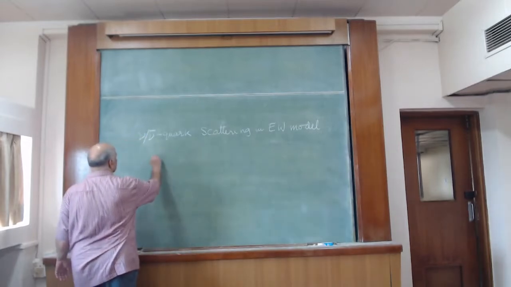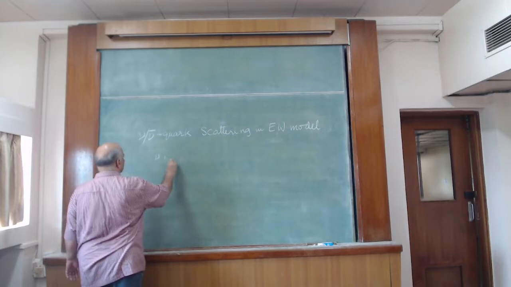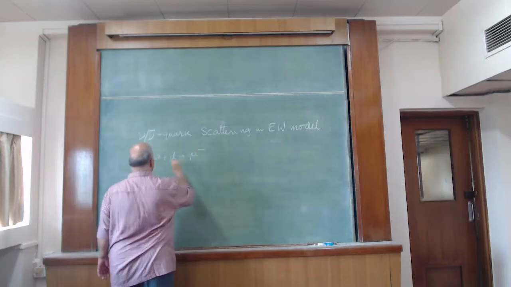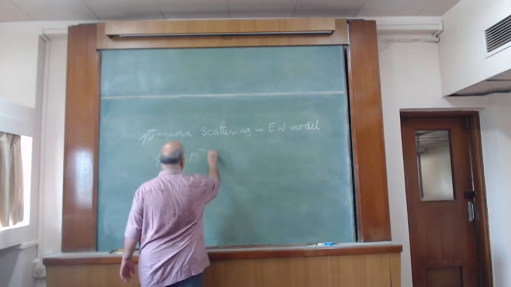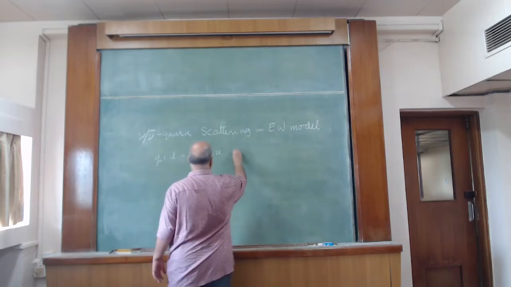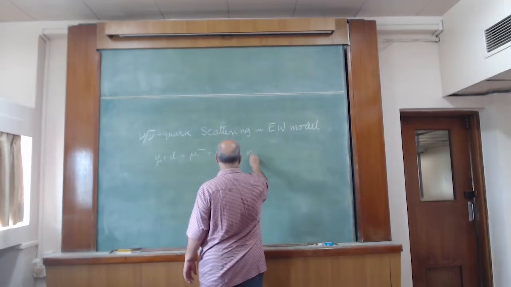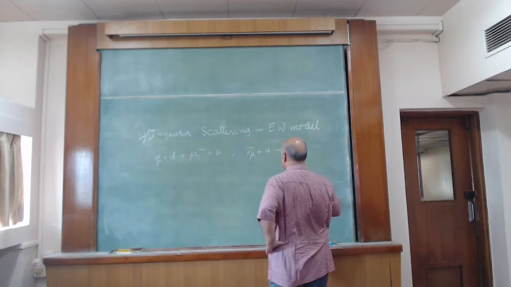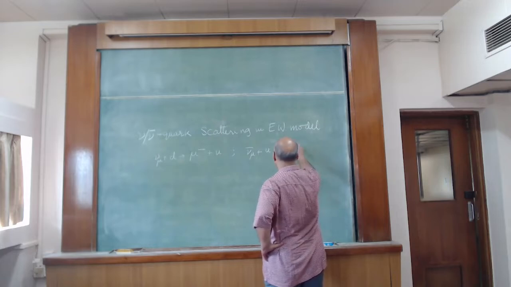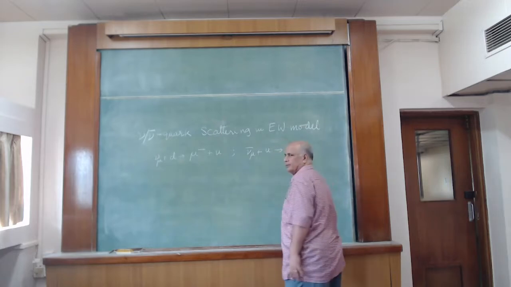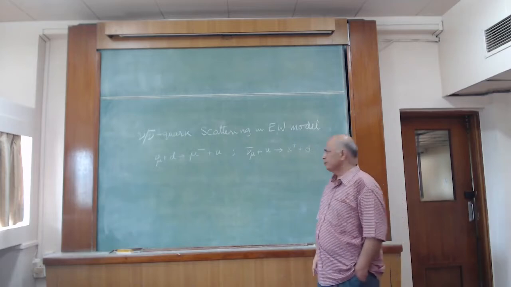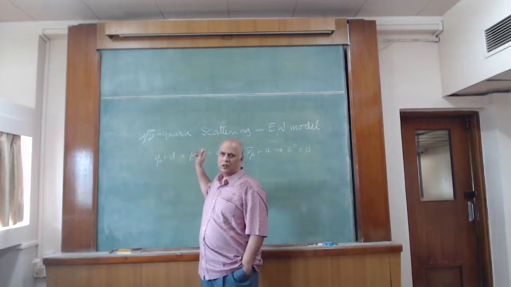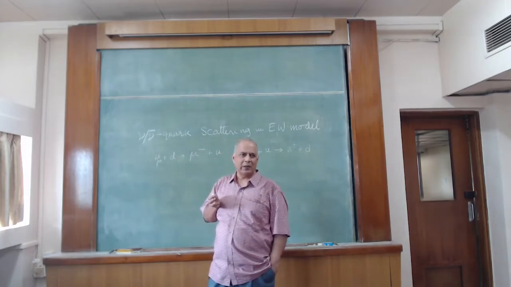So the two processes we will consider are these. A mu neutrino in its charged current reaction has to produce a mu minus.